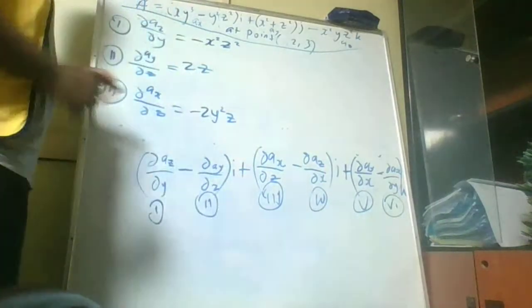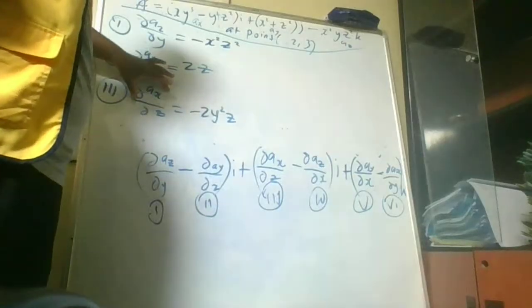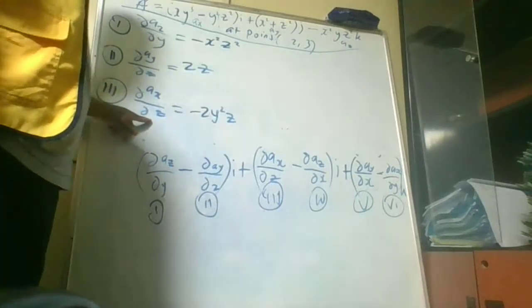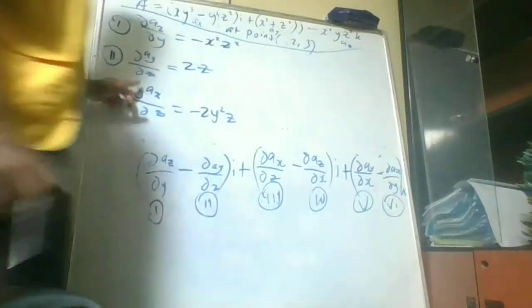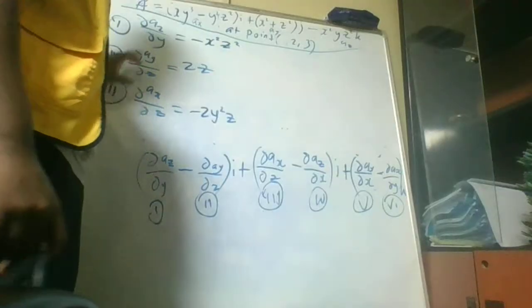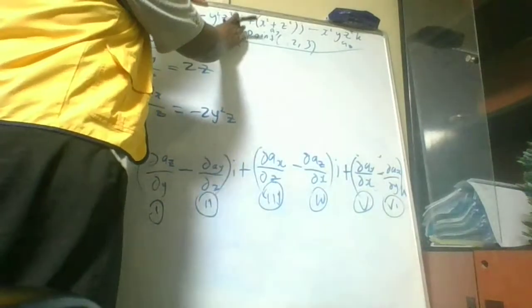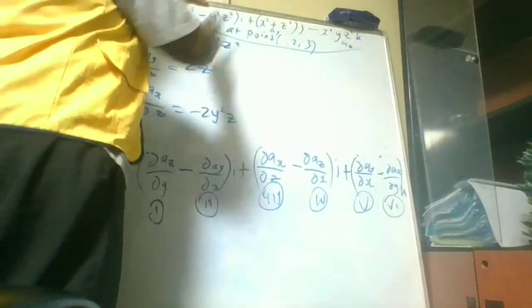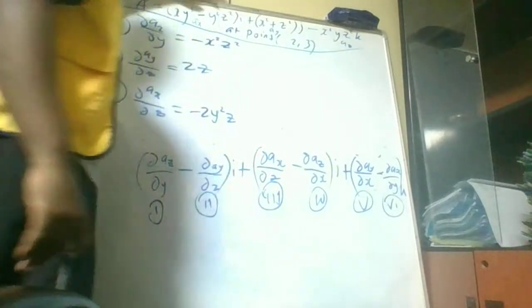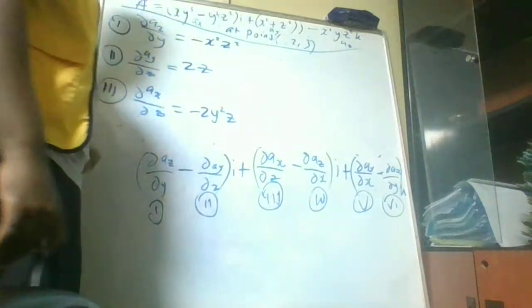I'll go back again. Number 3: find the partial derivative of Ax with respect to z. Ax is equal to xy cubed minus y squared z squared. Xy cubed and negative y squared are constants.